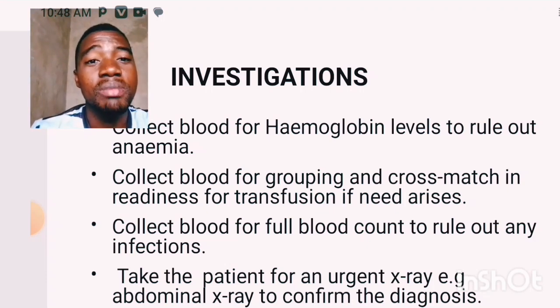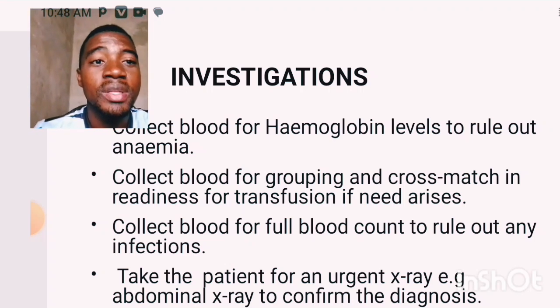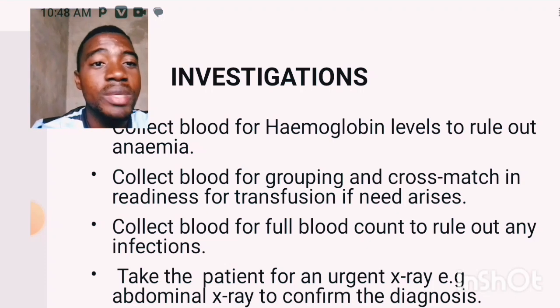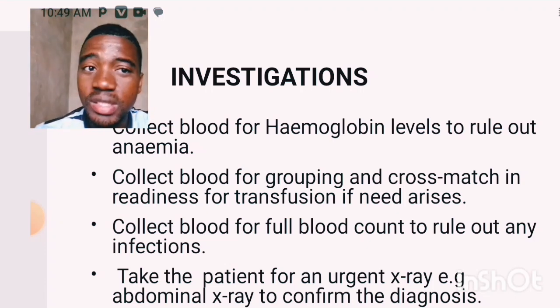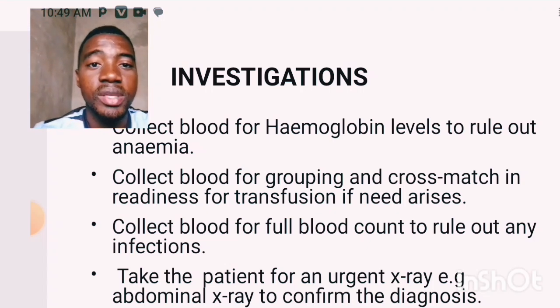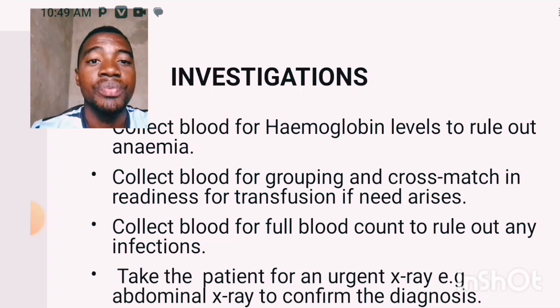A person may lose blood during the procedure in the theater. Therefore, it is important you prepare all these things. The blood transfusion, if needed, is for immediate intervention before we lose the patient after surgery. Then I will collect full blood count to rule out any infections.